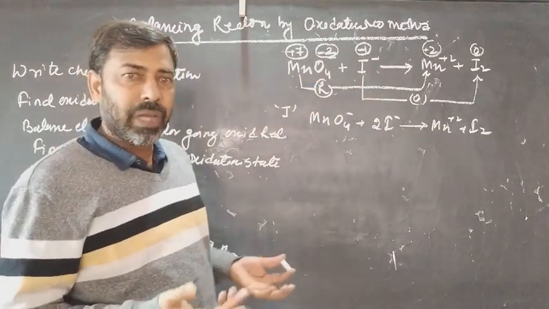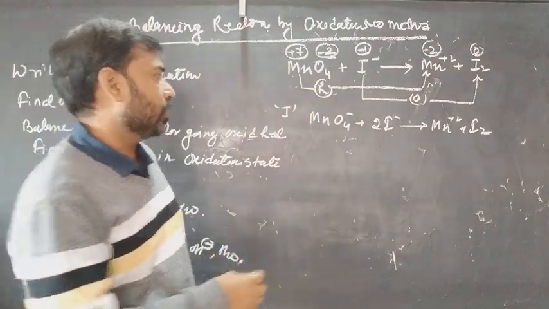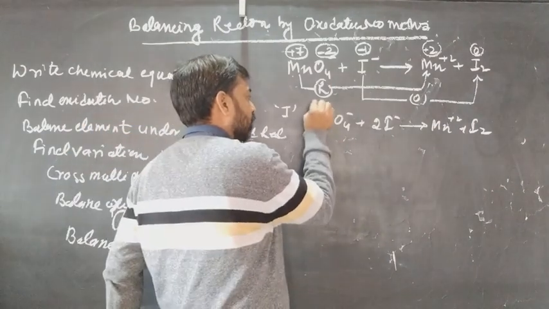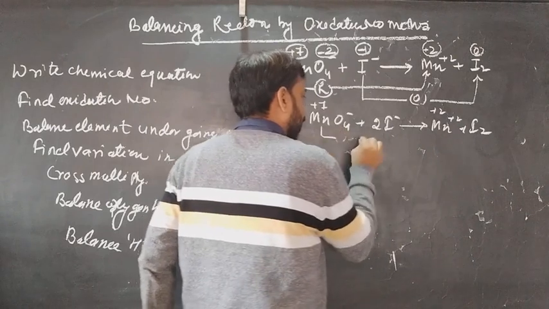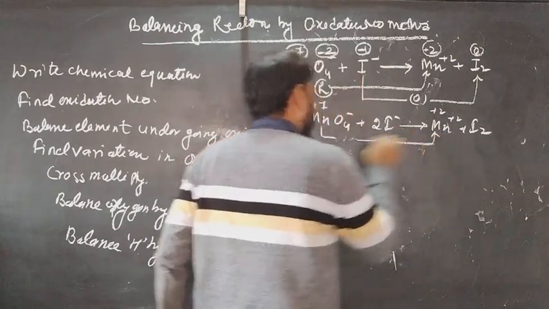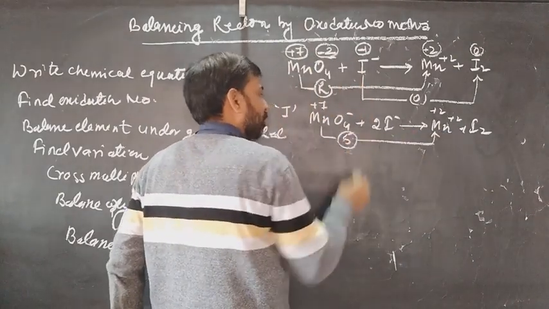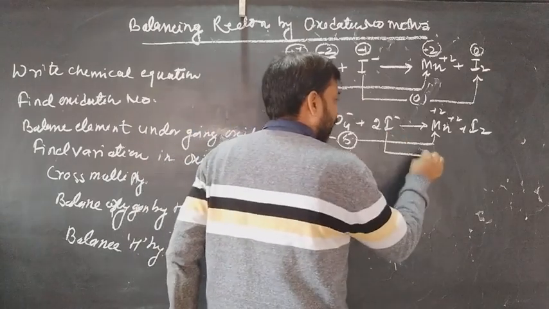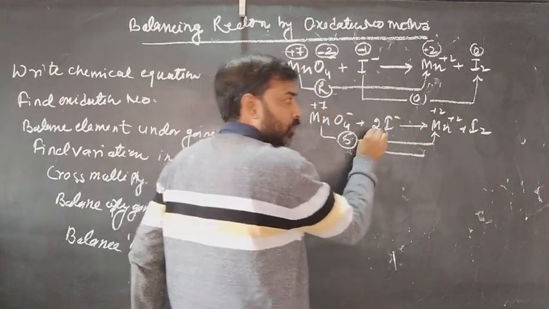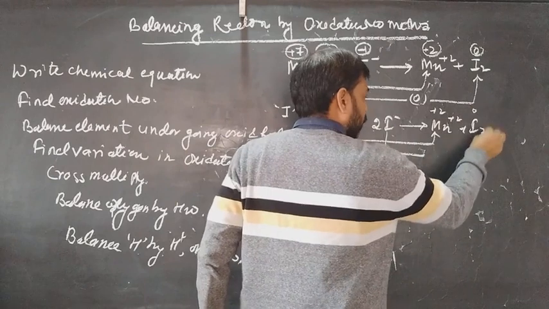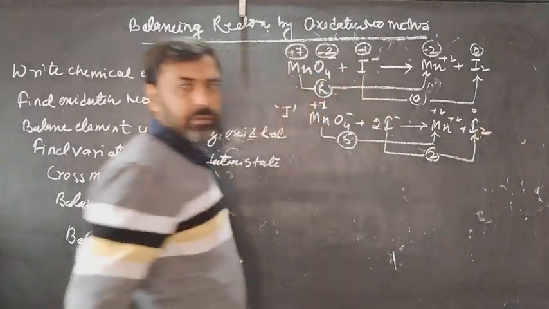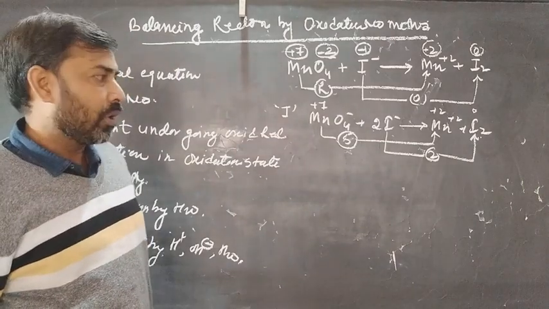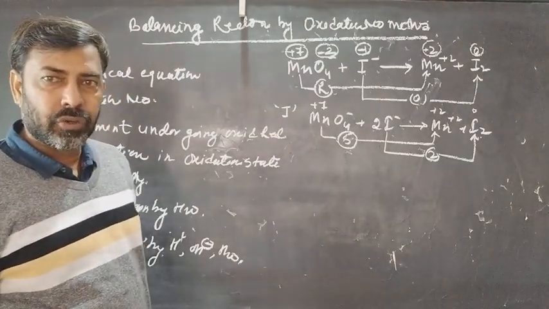Now after balancing, find the variation in oxidation state. What is the variation in oxidation state? From plus 7 to plus 2, the variation in Mn is by 5. And in the case of iodide, minus 1 to 0, the variation is by 1 per atom, so 2 for I2. Now cross multiply by the variation in oxidation state.